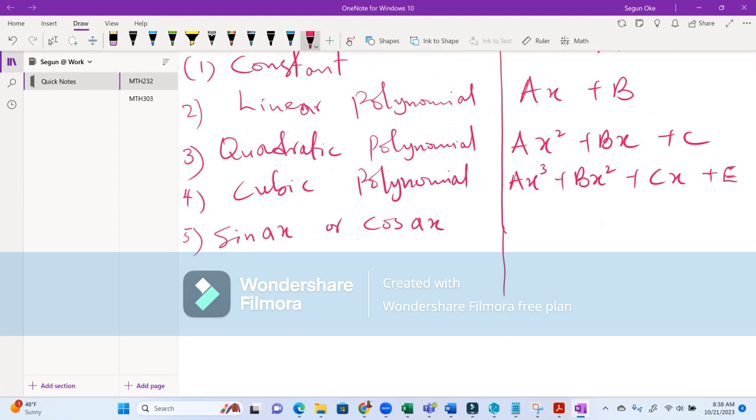I'm going to have a cos ax plus b sine ax. Then if I now have a form of g of x to be exponential alpha x, I'm going to have a exponential alpha x.